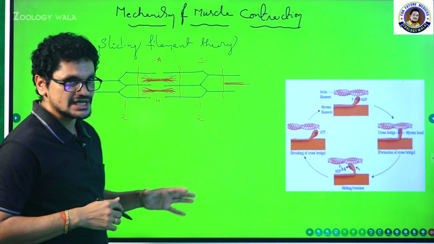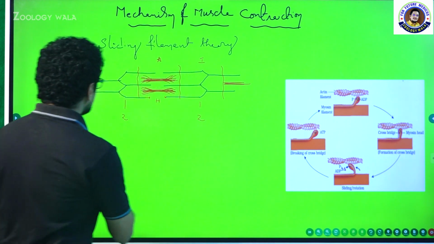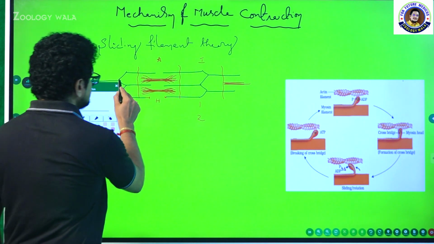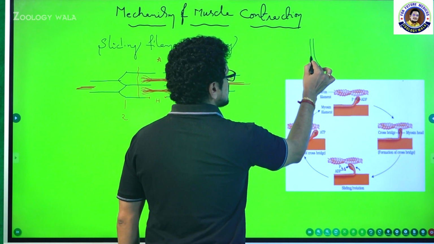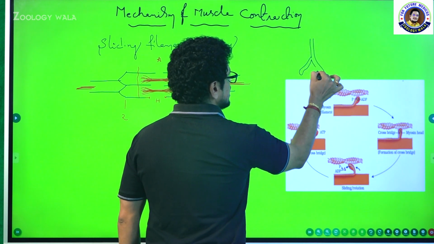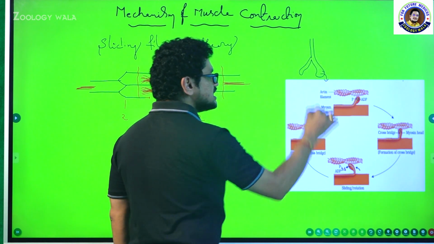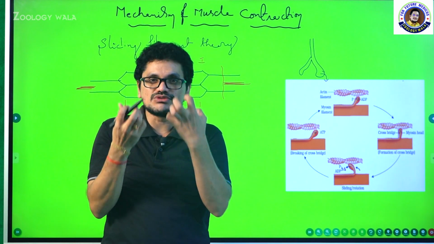Now, my dear friends, see here, whenever the signal is given by the nerve cell, imagine this is the axon and these are the terminals of the axon. When the nerve cell releases a signal to the muscle, the receptors present in the muscle will receive that signal.